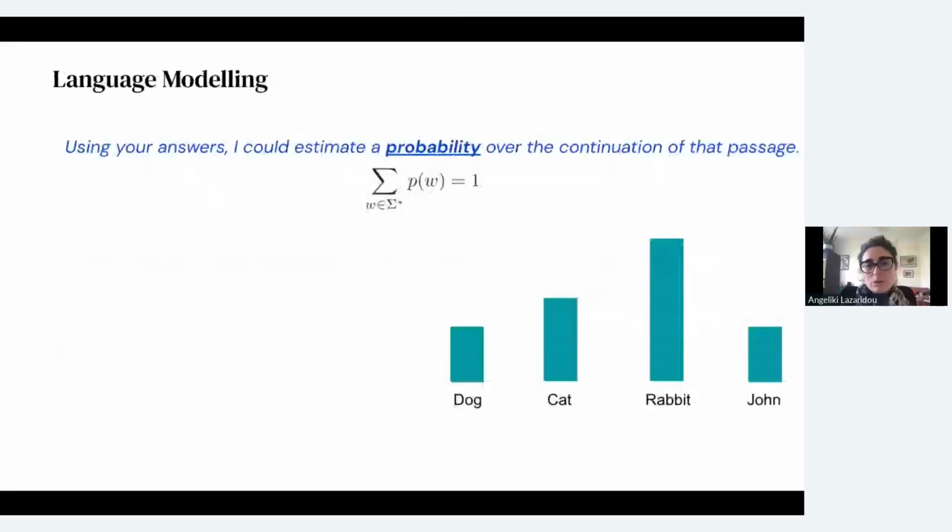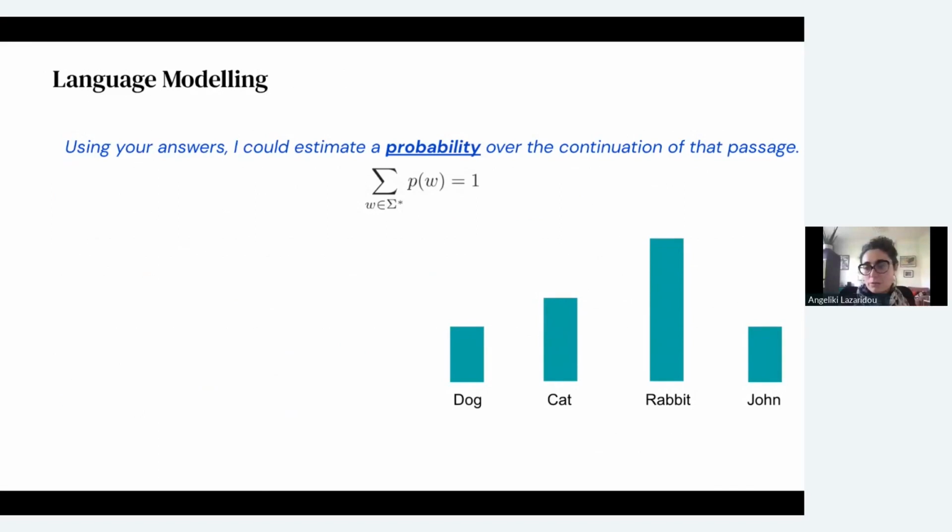So what language modeling is basically doing is using the context to estimate the probability over the continuation of that passage. And the single most important property of language modeling is that all these continuations should sum to one, and that's about it.